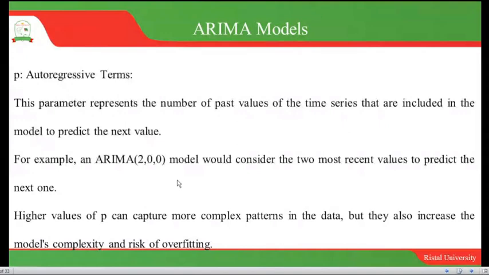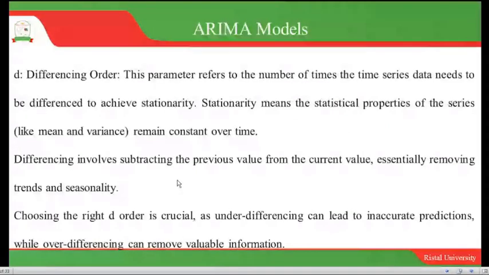This method involves subtracting previous values from the current values, essentially removing trends and seasonality. If we are looking at previous values of infectious disease patients and the current number, we can see whether the numbers are increasing or decreasing. That tells us about the differencing order.